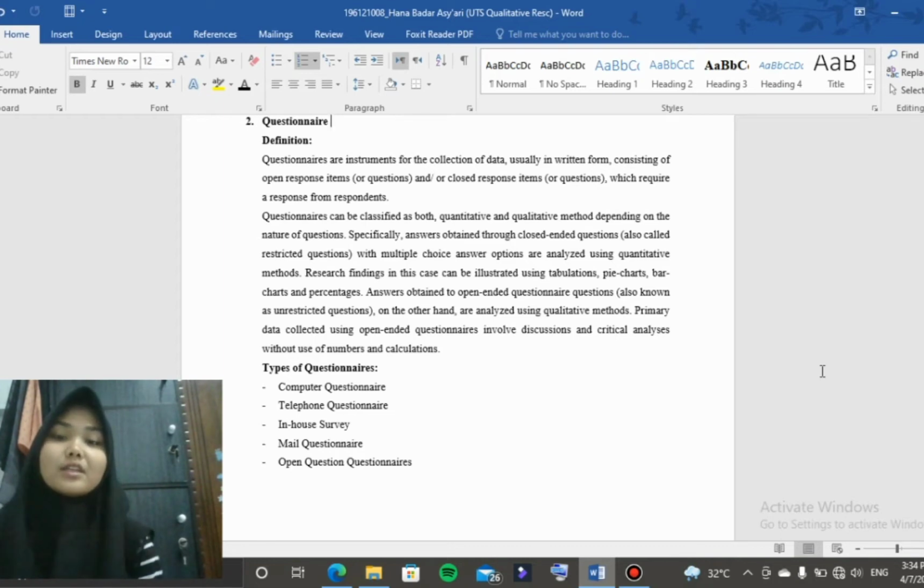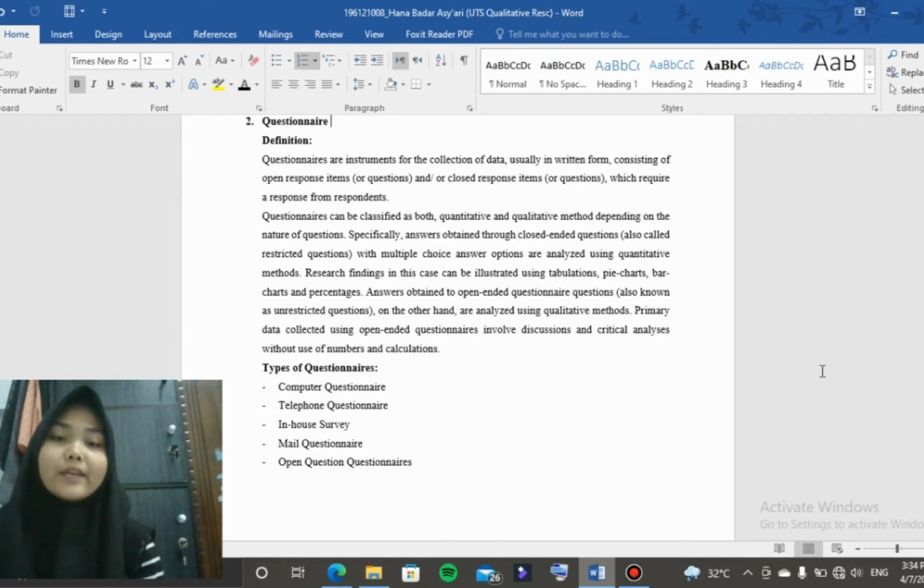Questionnaire ini dapat diklasifikasikan menjadi dua di penelitian kuantitatif dan kualitatif. Specifically, answers obtained through closed-ended questions with multiple choice answer options are analyzed using quantitative methods. Research findings in this case can be illustrated using tabulation, charts, and percentages.